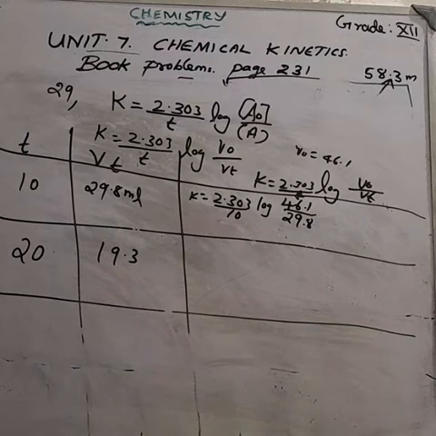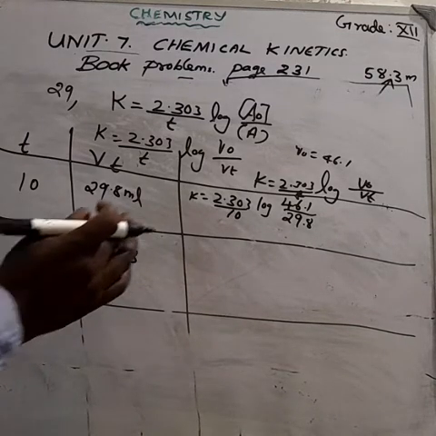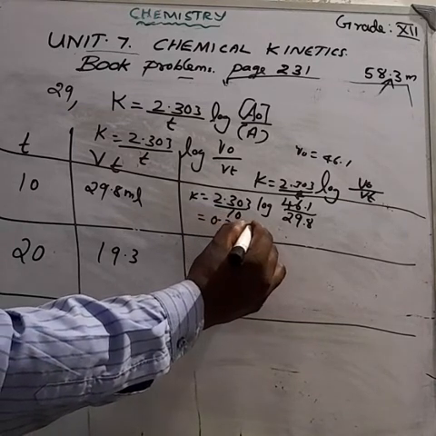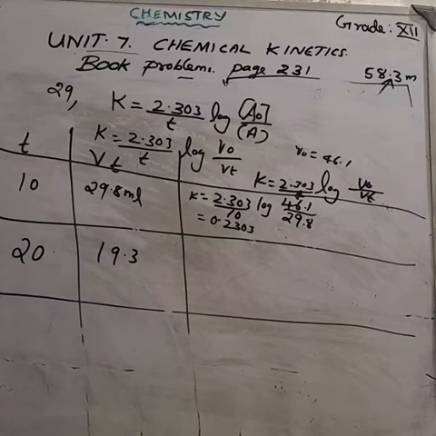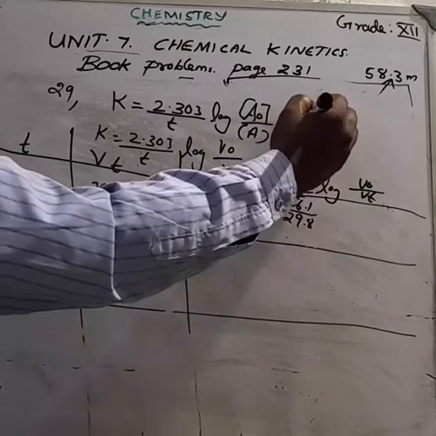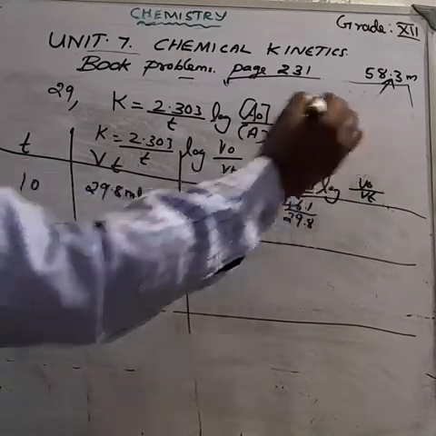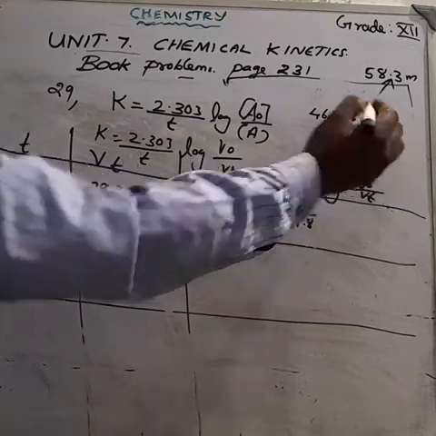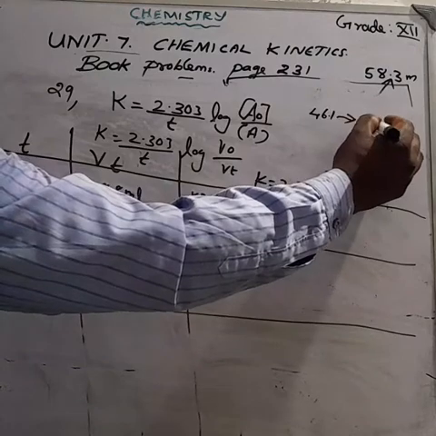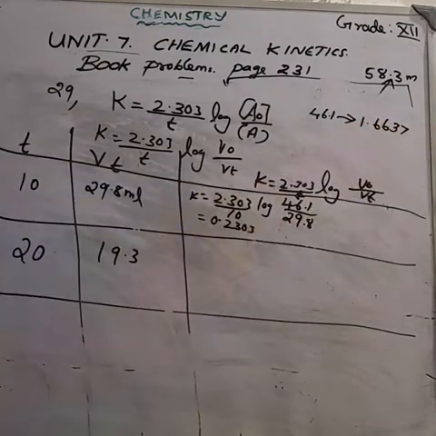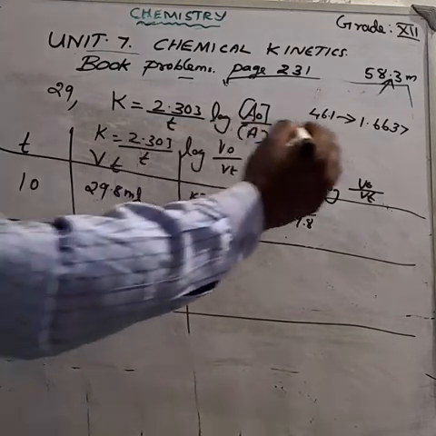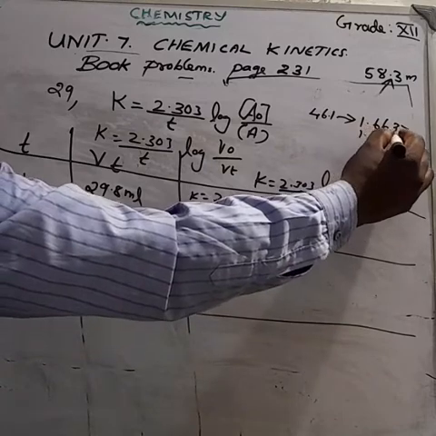Before that, divide 2.303 divided by 10, we get the value 0.2303. Next we take the log value of 46.1, which is 1.6637. Next log 29.8 is 1.4623.